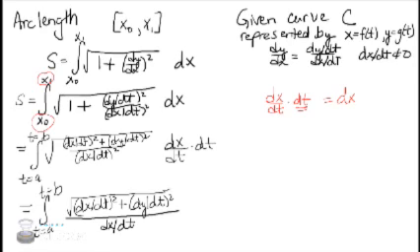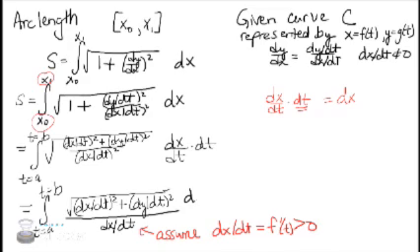Now, when I did that, I did make an assumption. I am assuming here that dx/dt is positive. Remember, dx/dt could be thought of as f prime of t, and this only works if it's positive, because otherwise we get the absolute value of dx/dt.